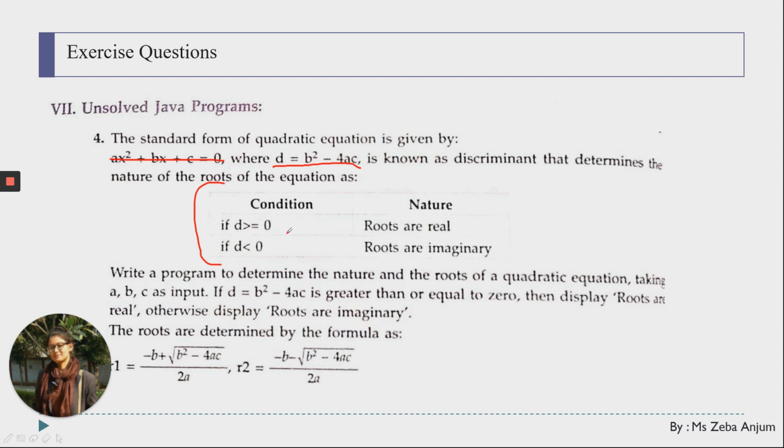If d is greater than 0 then the roots are real, and if d is less than 0 then both are imaginary. Now in this program, determine the nature of the quadratic equation, taking a, b, c as input, so these three are taken as input, and then you have to calculate this.